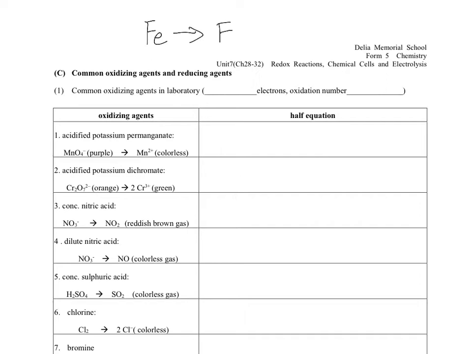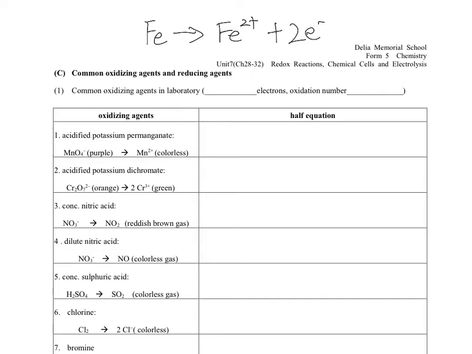We say that iron, the rusting of iron, that means it's the oxidizing of iron, and iron will be oxidized by oxygen and water in air.